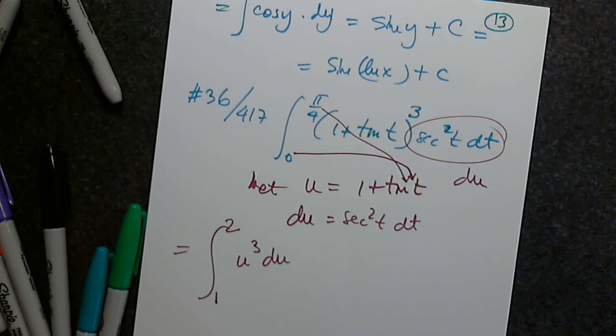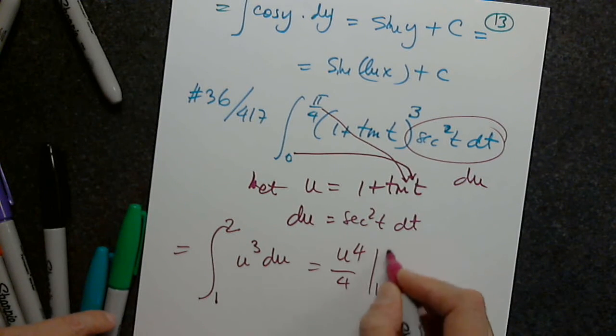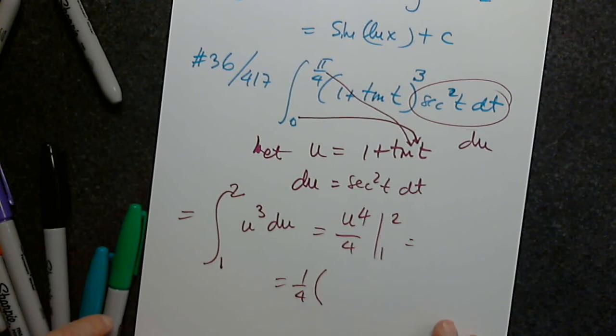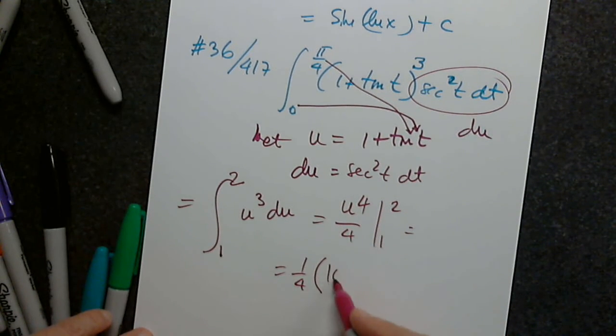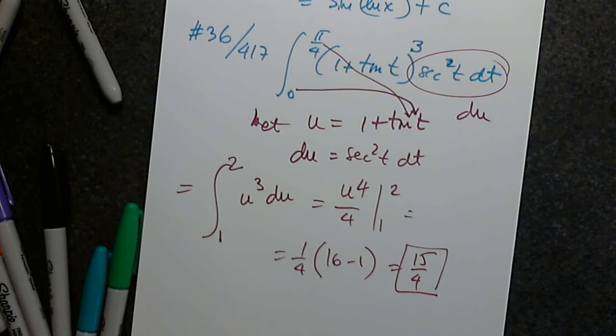So this will be u to the 4 over 4 from 1 to 2. Leave 1/4 outside, plug in 2, you get 16 minus 1, so 15 over 4. Never involve the constants. They can wait patiently outside till you perform the calculations and then you multiply.